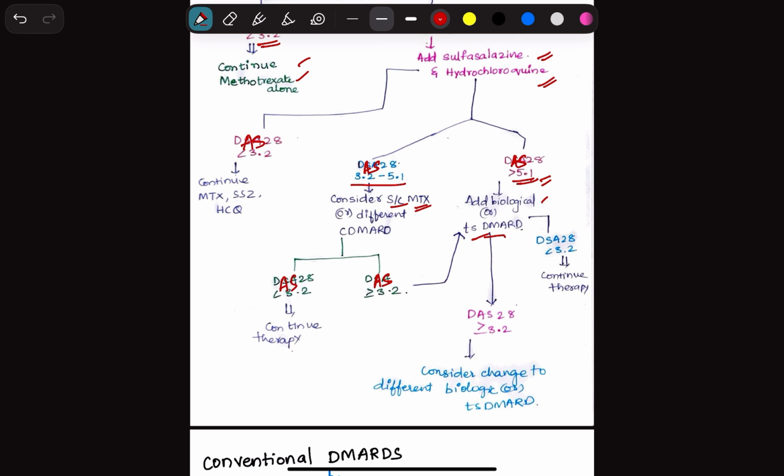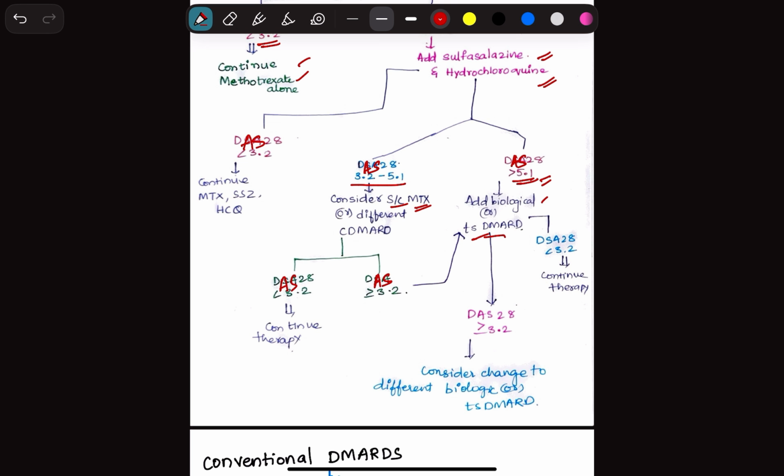If it is less than 3.2, our therapy is good and we could continue the subcutaneous methotrexate. If it is greater than 3.2, we have to go for a biological DMARD. This is one class, and the other class is DAS greater than 5.1. There, we'll directly add one biological DMARD.